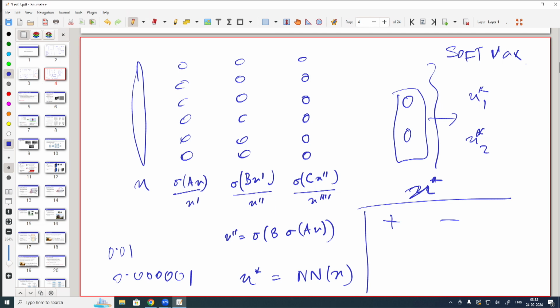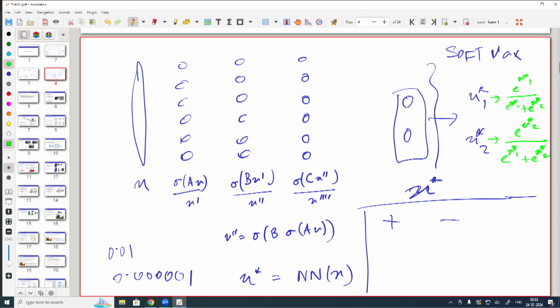If I recall correctly, the way softmax is defined, for 2 values, is that x1 star becomes e raised to x star 1 divided by e raised to x star 1 plus e raised to x star 2, and similarly this one becomes e raised to x star 2 divided by e raised to x star 1 plus e raised to x star 2.